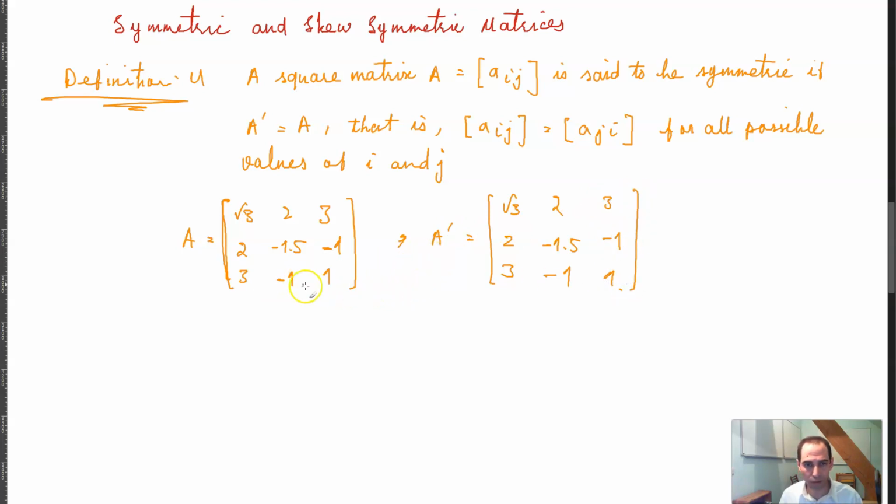Right? And so as you can see, this is equal to A, meaning that A transpose is equal to A, and therefore A is a symmetric matrix.